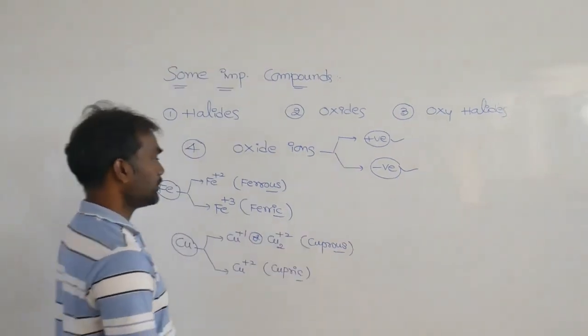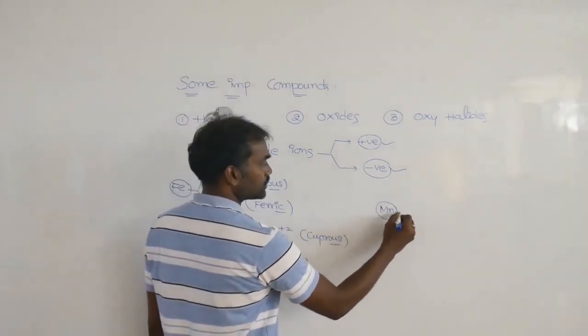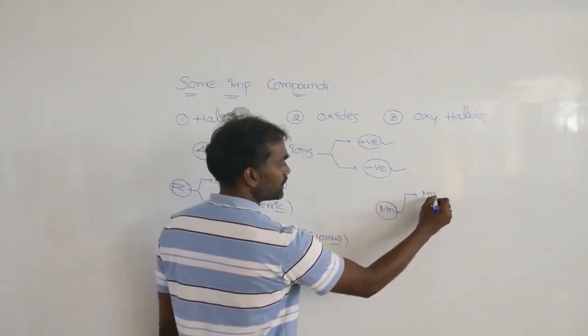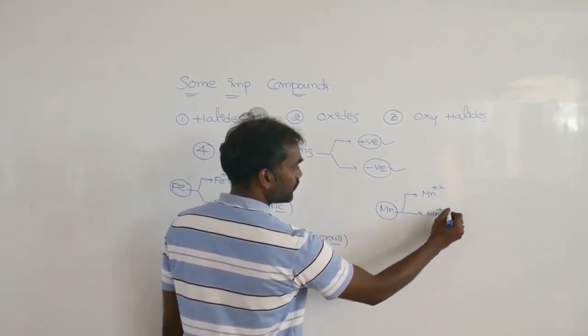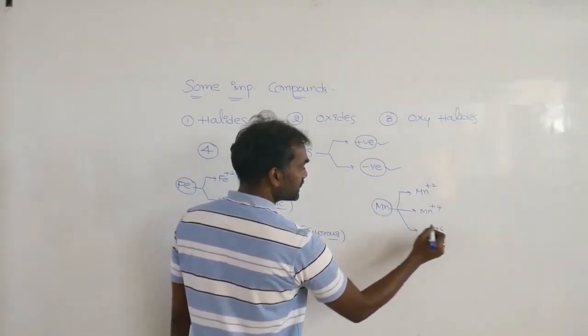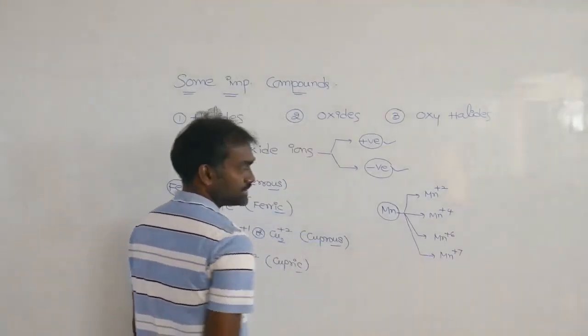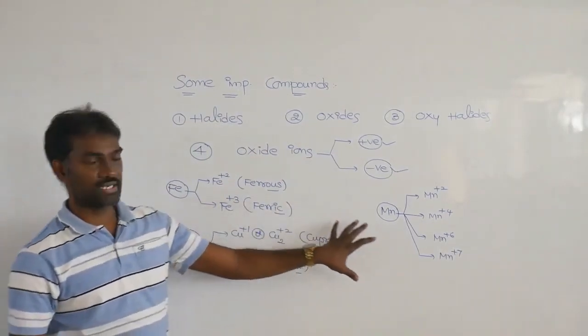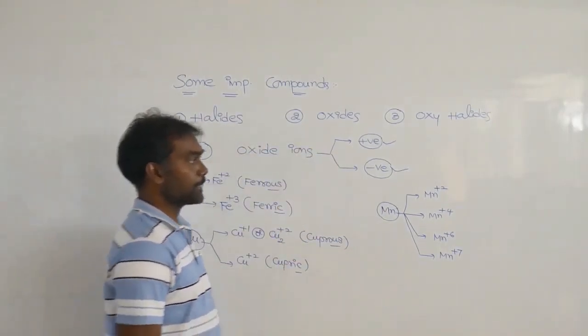Suppose you take manganese. Manganese is showing Mn plus 2, Mn plus 4, Mn plus 6, Mn plus 7. If you know the oxidation states, then you can easily write all types of compounds.